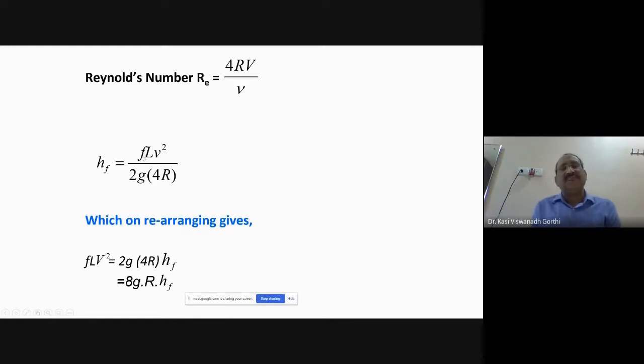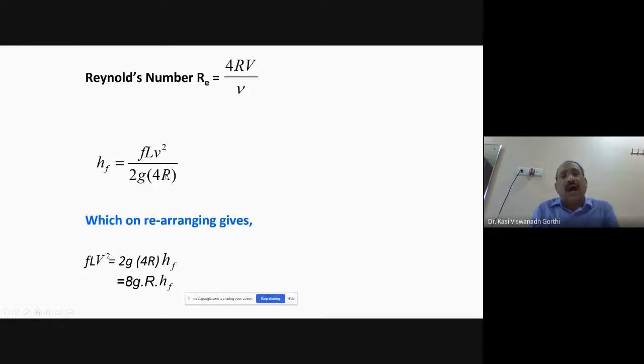In our case, f is the friction factor, and the standard notation as specified by the BIS is hf equal to fLV square by 2gD, but not 4fLV square by 2gD. So in this case, hf, the loss of height due to friction, is equal to fLV square by 2gD. D is 4R, just now we have seen.